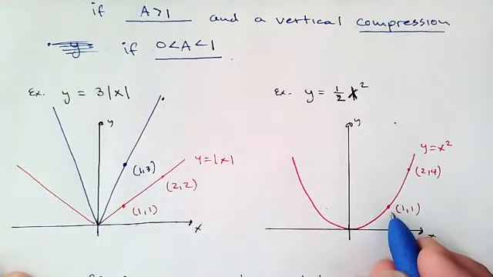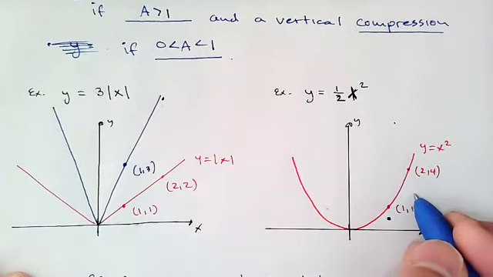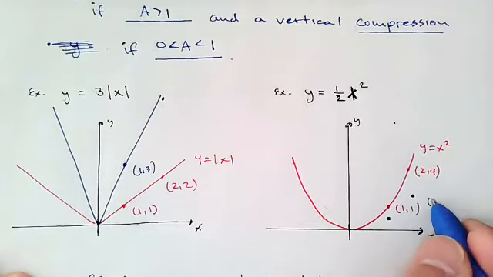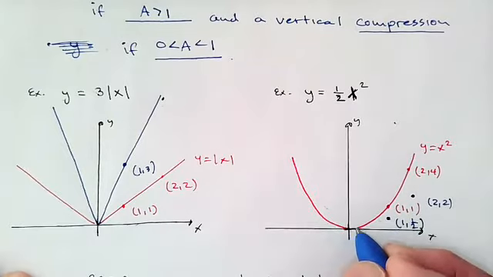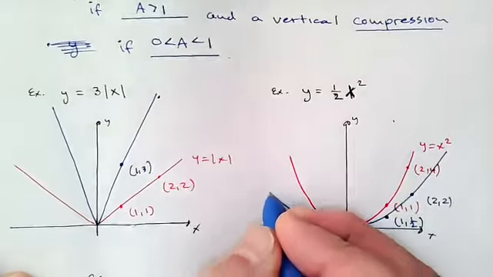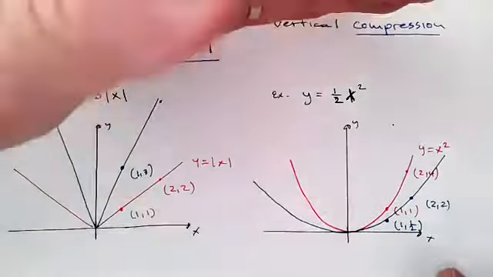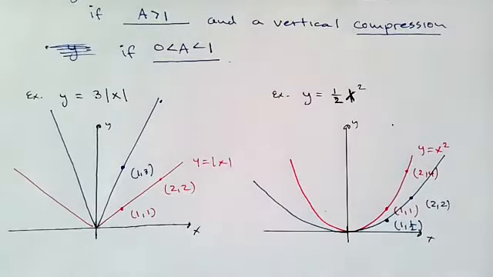So instead of passing through 1, 1, it's going to pass through 1, 1/2. Instead of 2, 4, it's going to pass through 2, 2. And the left side is going to look similar. So we call that a compression. You're pushing down the y values, making it flatter.